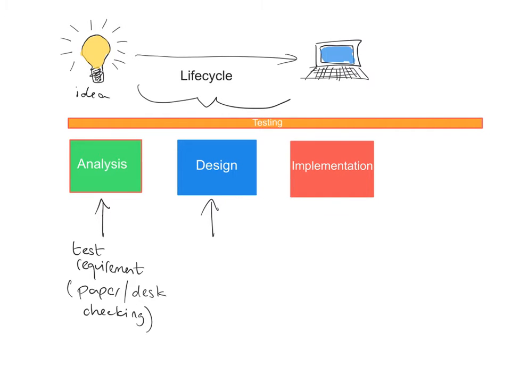Now, it's true to say that the reality is for many student projects in their final year, after the analysis, the design phase is often completely missed out, or a small amount of design is undertaken. So often a typical life cycle for a student project will go from here, and then it will go to here.